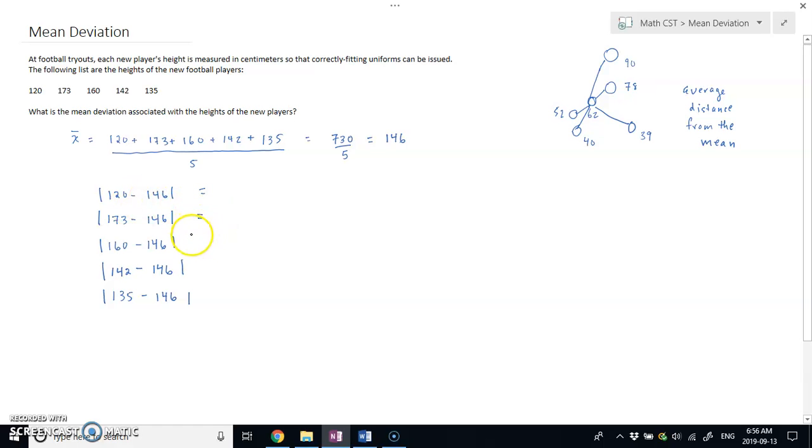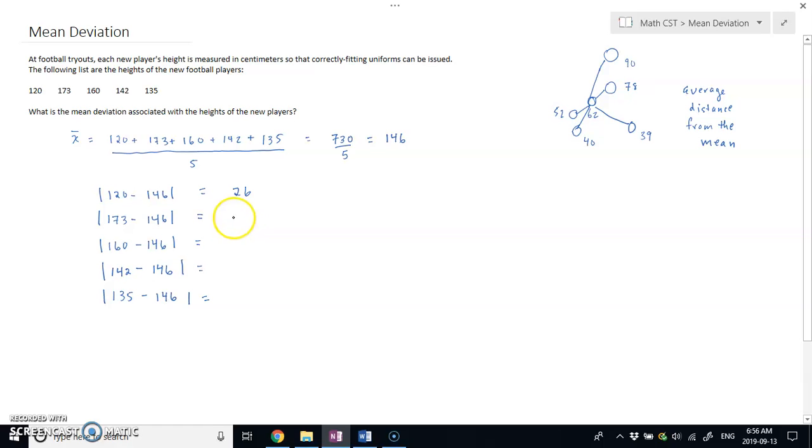So if I say, what's 120 minus 146, my answer is actually a negative value, right? 120 minus 146 is going to give me an answer of negative 26, but we don't want negative numbers here. We're just looking at distances away.